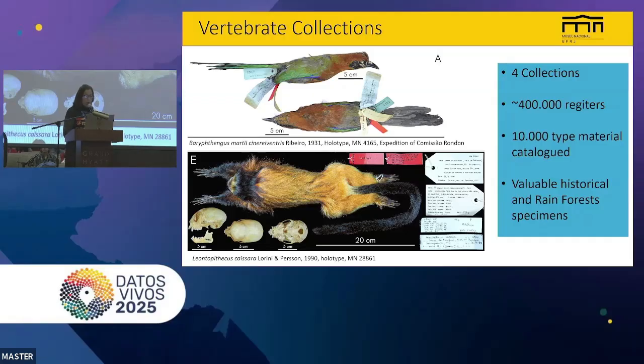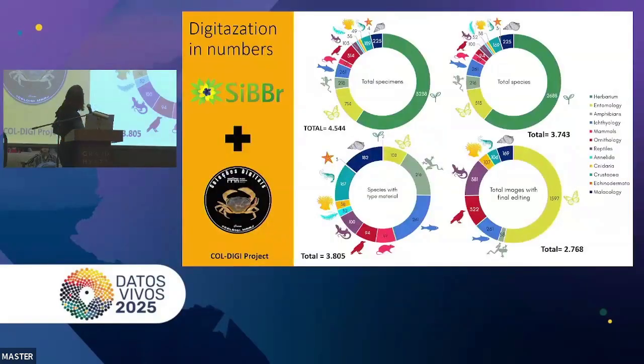So just to conclude, this is a little bit of what we raised since 2022. So here is the total of specimens and species, nearly 5,000. Those are the numbers, and these are the whole groups that we are working with.